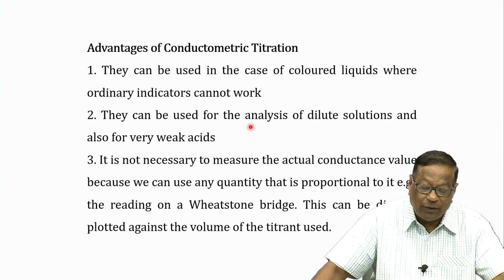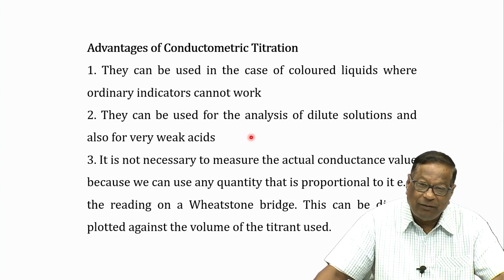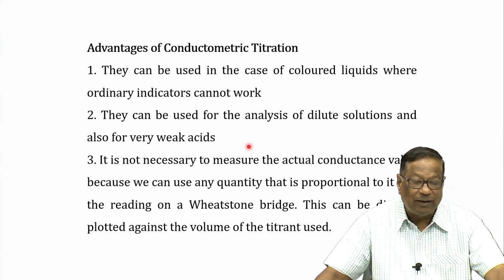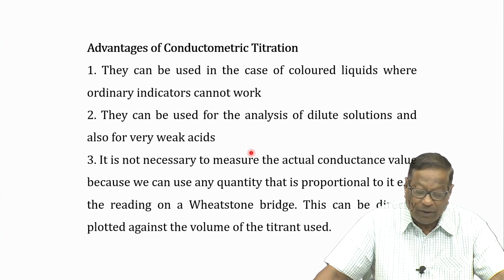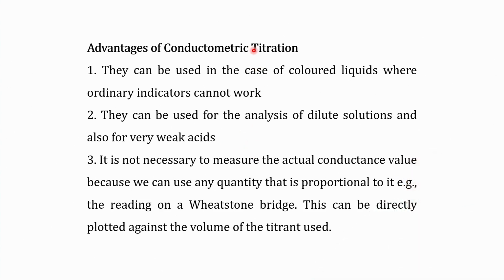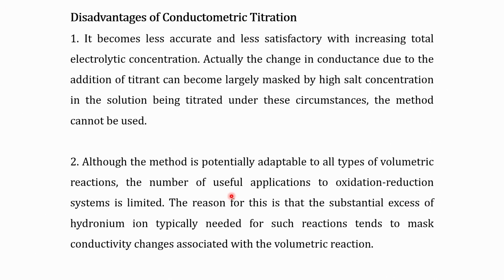They can be used for the analysis of dilute solutions and very weak acids. It is not necessary to measure the actual conductance value, because we can use a quantity that is proportional to it, for example a reading on a Wheatstone bridge, and this can be directly plotted.